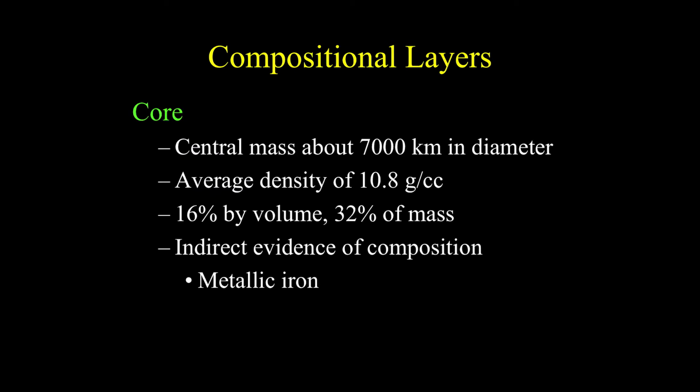The core has a central mass of about 7,000 kilometers in diameter, an average mass density of 10.8 grams per cubic centimeter, 16% of the Earth's solid volume, and 32% of the Earth's solid mass. It is composed of metallic iron.